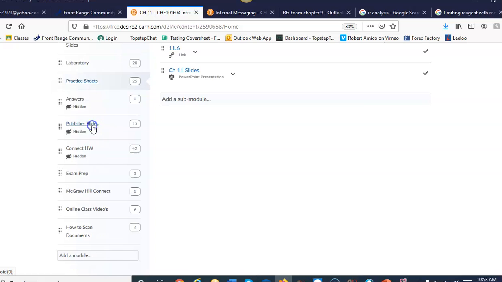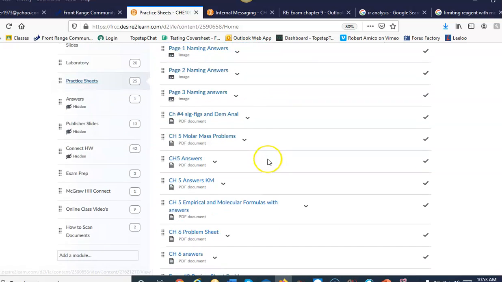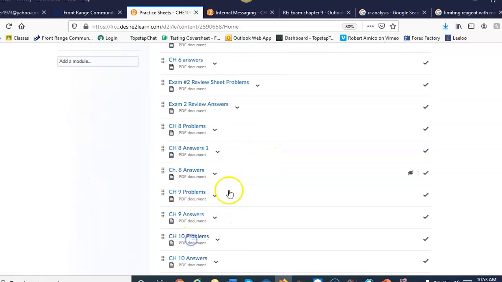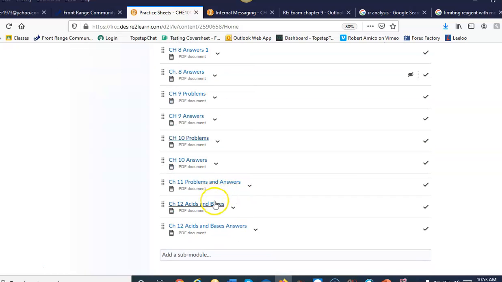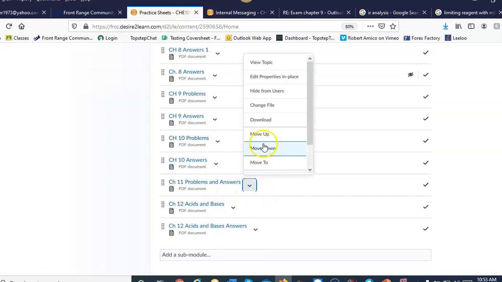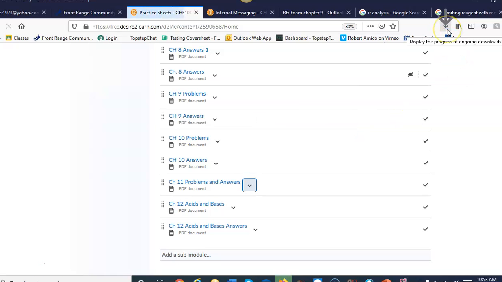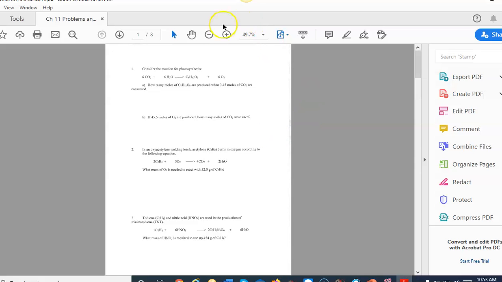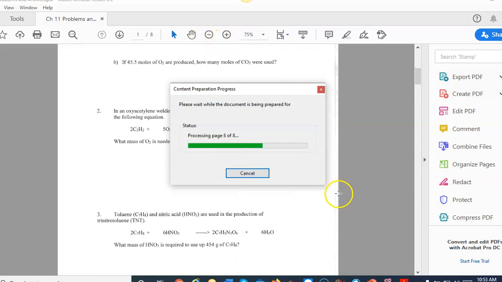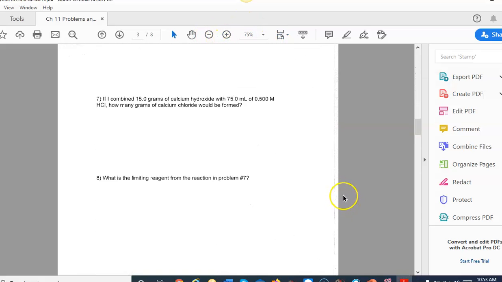Let's see, the sheets. This is chapter 11. If combined.